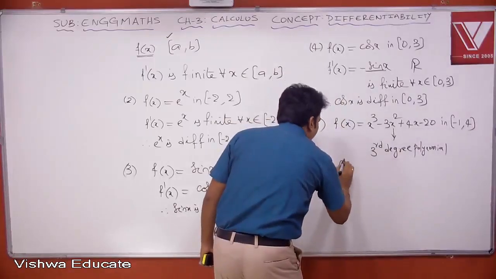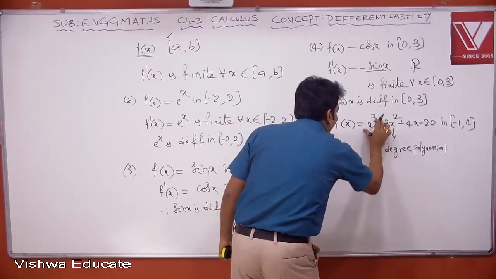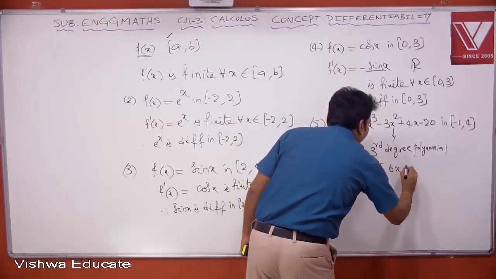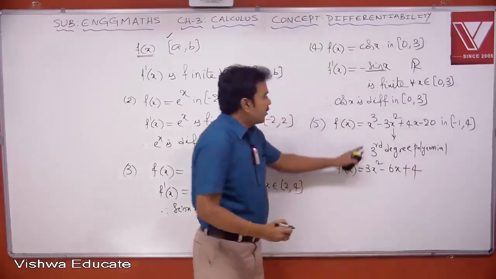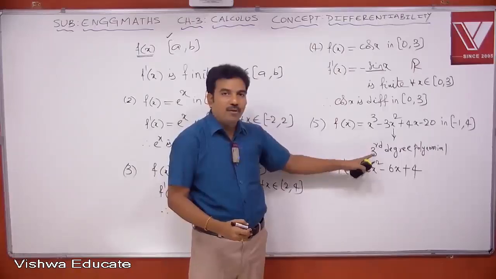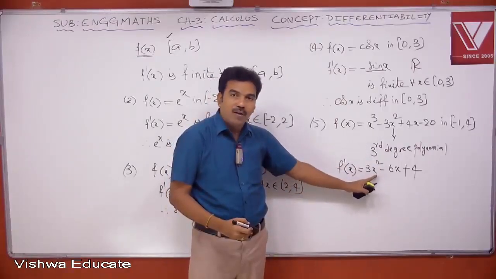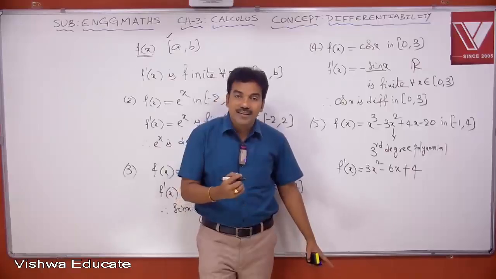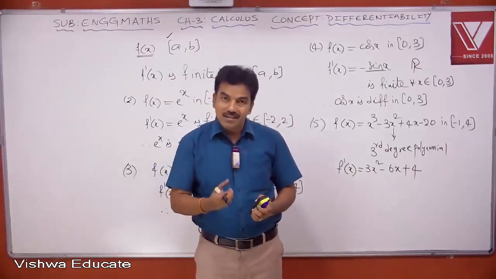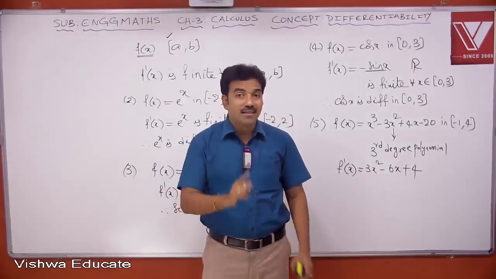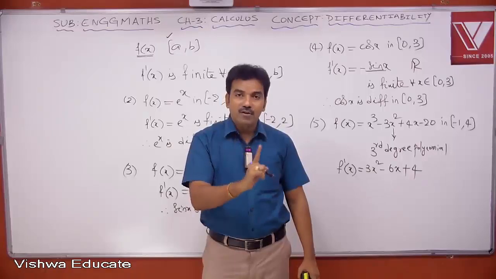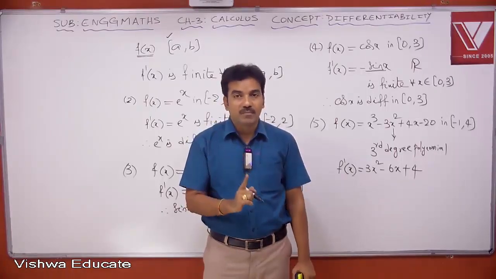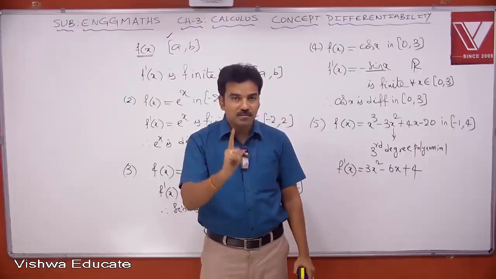When you differentiate this, the derivative is 3x square minus 6x plus 4. When you differentiate a third degree polynomial, the result is a polynomial expression of degree 2. So remember one point: when you integrate a polynomial expression, the result is a polynomial but the degree will be raised by 1. When you differentiate a polynomial, the result is again a polynomial expression but the degree will be reduced by 1.